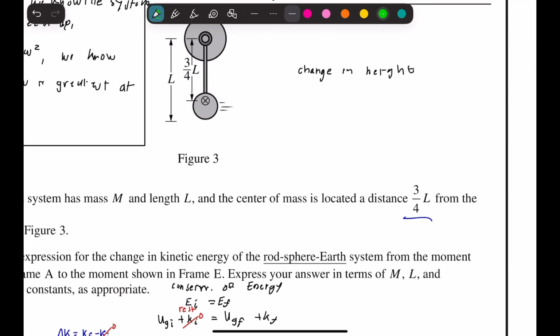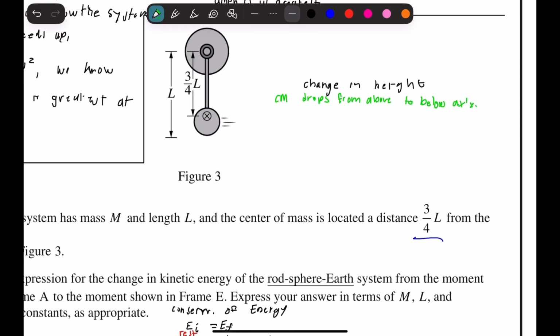So if we were to write the total vertical drop, delta Y, that's going to equal 3/2 times L.